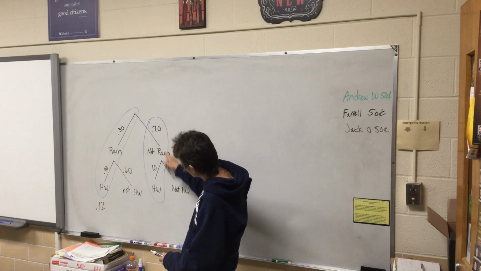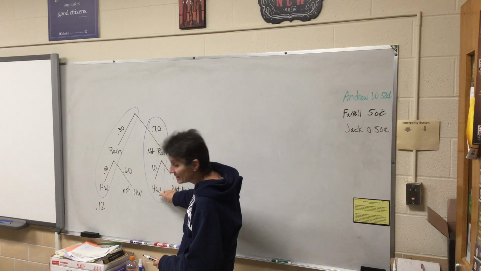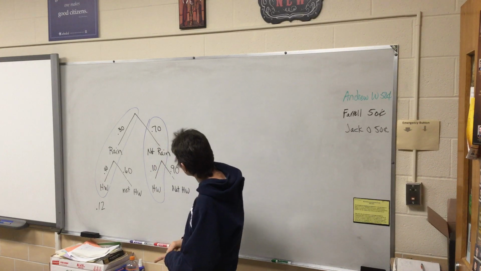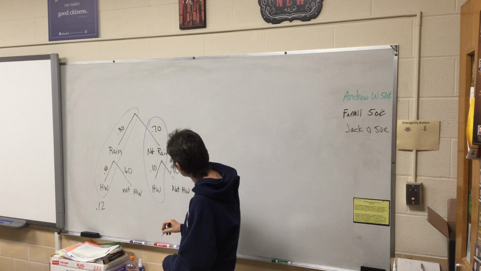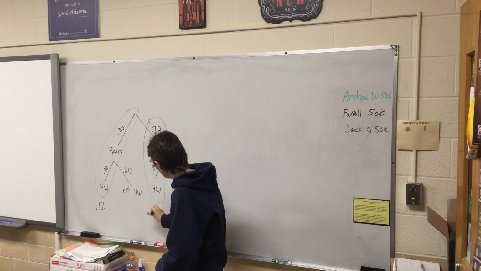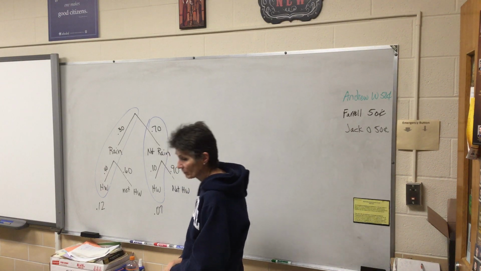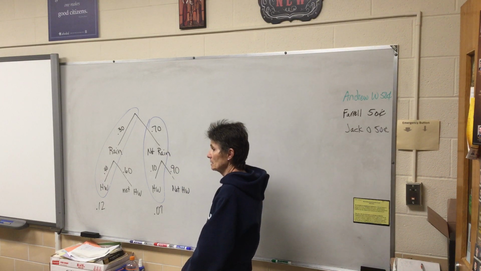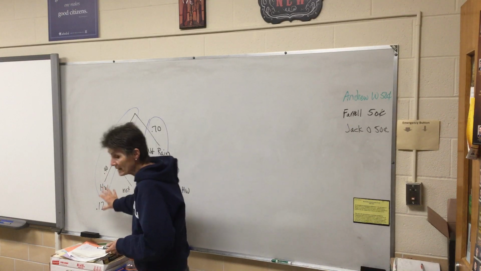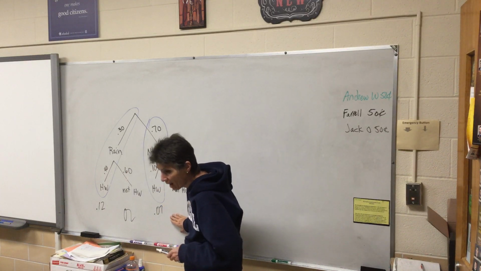Now what's this one? This one is, it's not raining and he's doing homework. So we're going to multiply these together, and that will be, what is that? 0.07? Now, Joe can do homework on a rainy day, or he can do homework on a not rainy day.